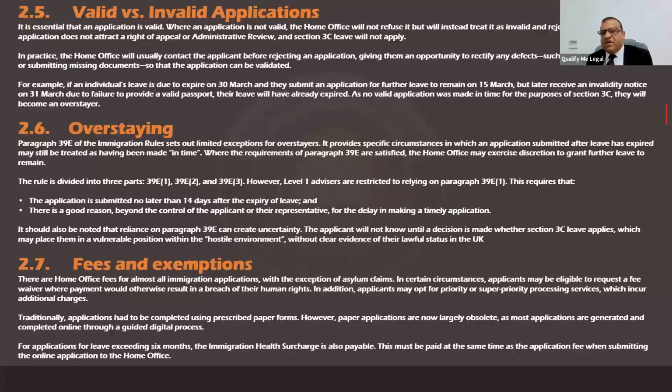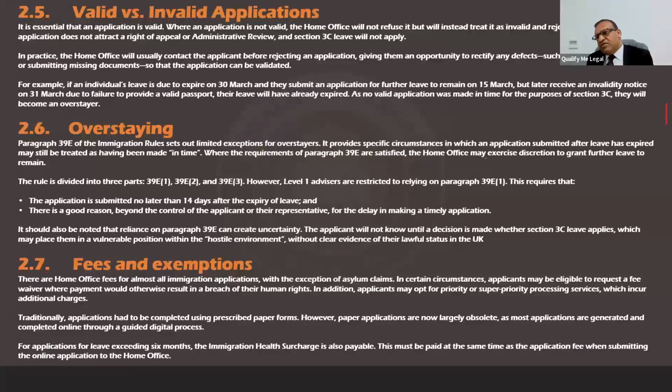They cannot apply. However, you need to provide the whole details about the affordability. In most cases, you have to provide your bank statements along with the application for exemption from the Home Office fee.